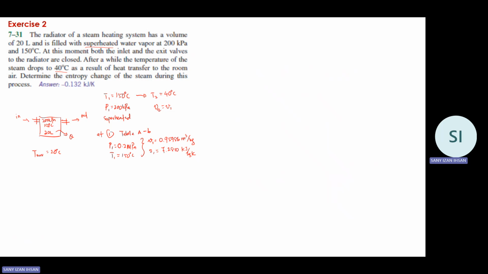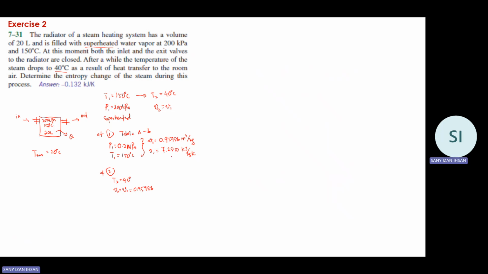We need this because we know that state 2 is related based on the specific volume. At 2, what we know is that T2 is 40 degrees Celsius, and V2 is equal to V1, which is equal to 0.95986.